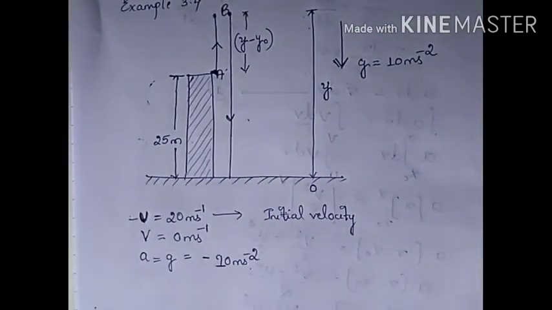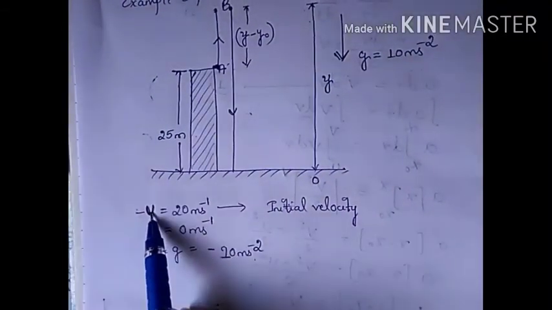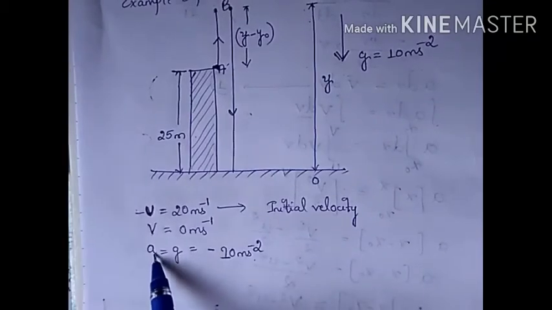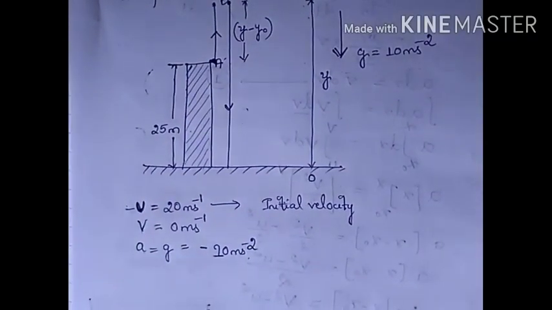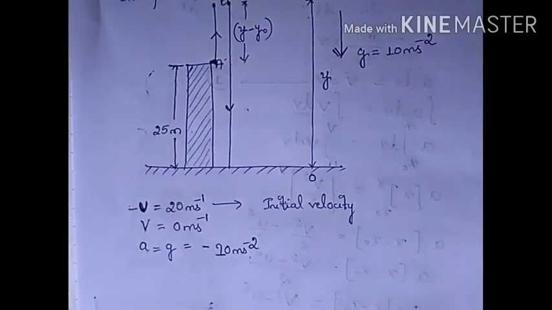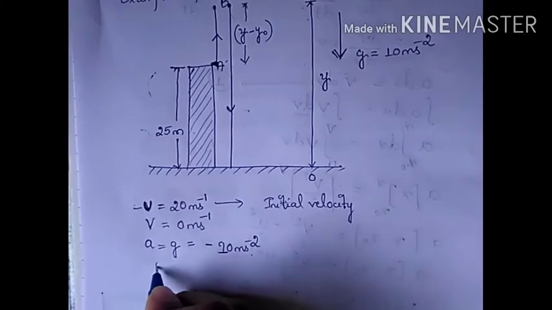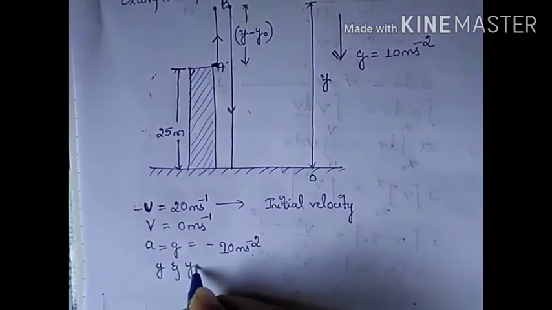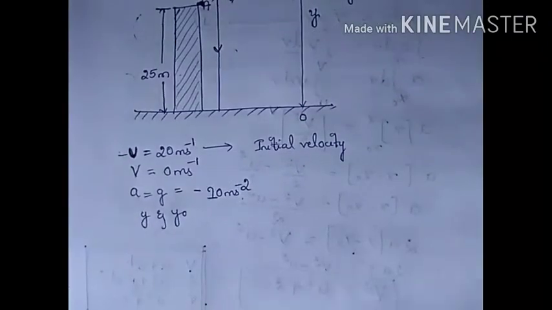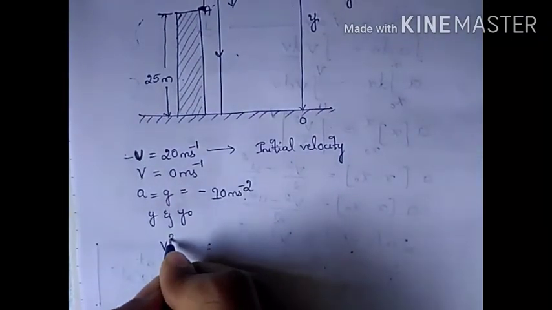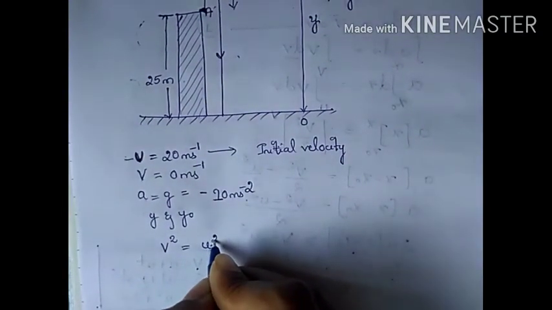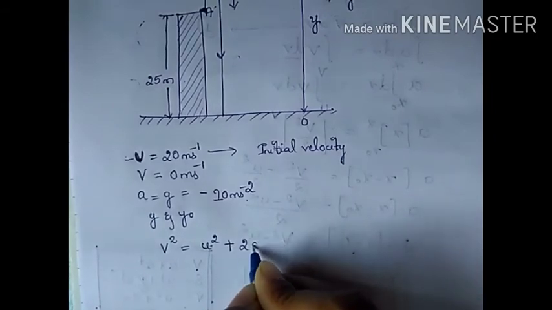Then which equation can be used? You have u, you have v, you have a, and you have the initial and final positions, y and y naught. So you can use the equation v square is equal to u square plus 2as.